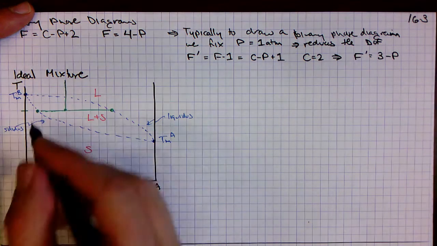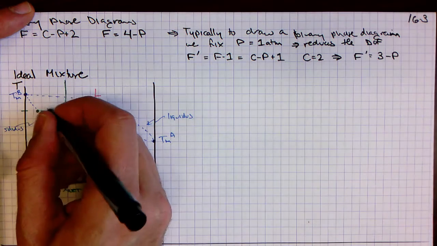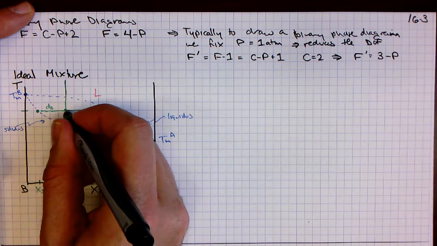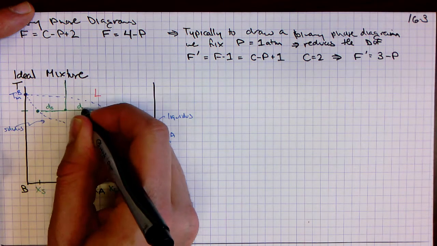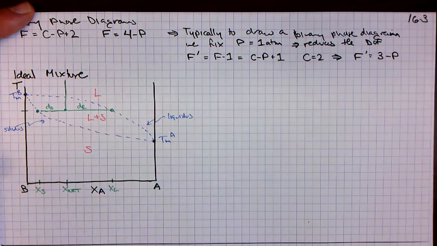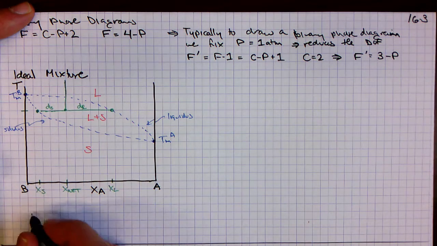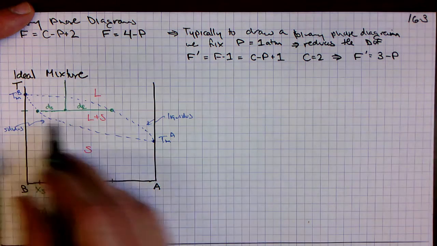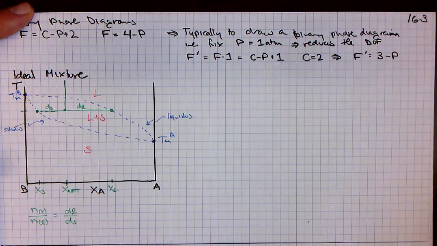And then it turns out if we measure the lengths of these lines, so let's call this d sub s for the distance between the composition and the composition of the solid, and call this d sub l for the length between the net composition and the composition of the liquid, it turns out that the number of moles of solid over the number of moles of liquid has to be equal to dl over ds. So we can figure out from the phase diagram both the compositions that are present and the ratio of the moles.